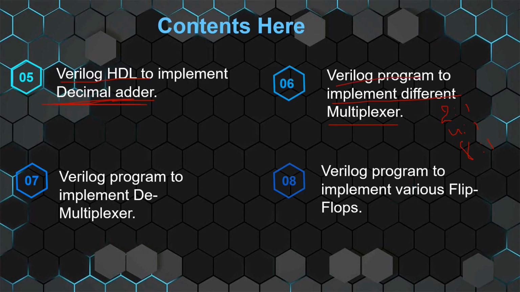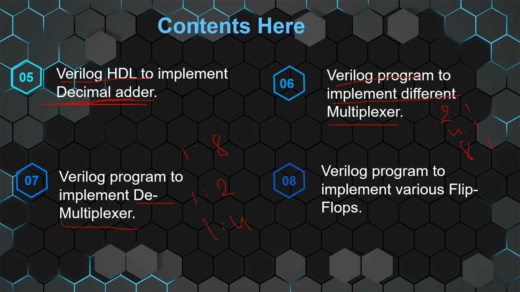We have to implement Verilog program for these multiplexers. Seventh question is Verilog program should be implemented for demultiplexer. Demultiplexer is opposite to multiplexer. We'll be having 1:2 demultiplexer, 1:4 demultiplexer, and 1:8 demultiplexer. So we'll be implementing Verilog program for the demultiplexer.